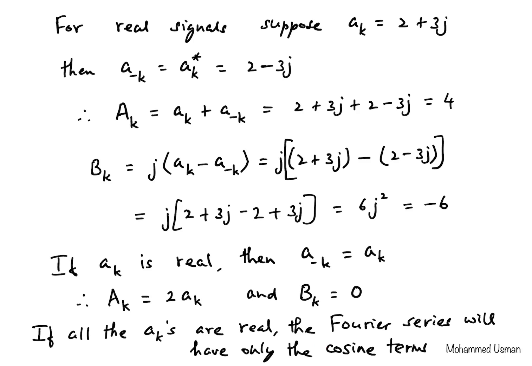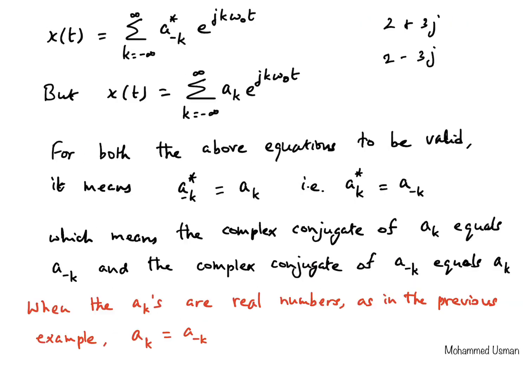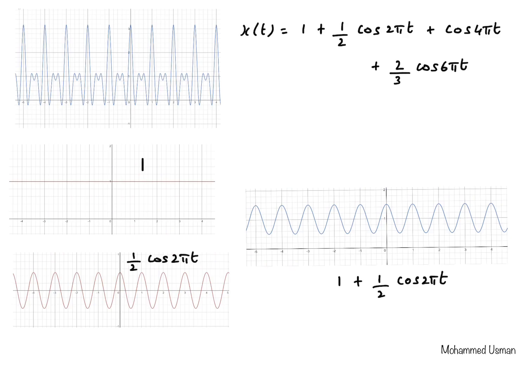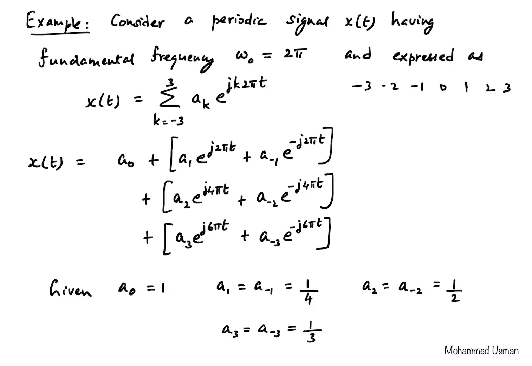As we saw in the earlier example that we discussed, all the values of AKs we had were real numbers. A0 is a real number, A1 is a real number, and since this is a real signal, A minus 1 is equal to A1, and we get the same value.